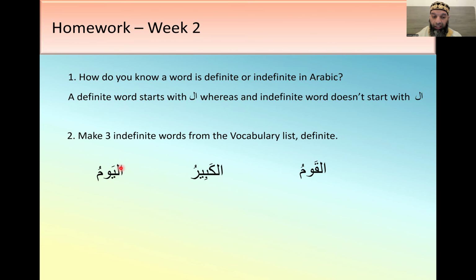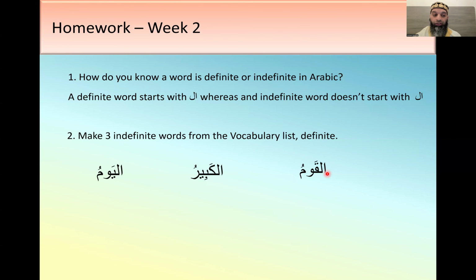When you stick an al there, you've got to make the double ending single. Next one, kabirun would become al-kabiru. And the other one I chose from the list, qawmun, would become al-qawmu.